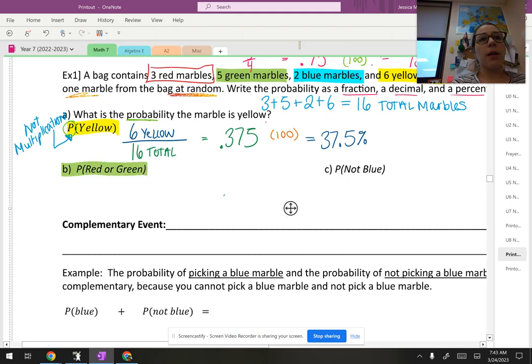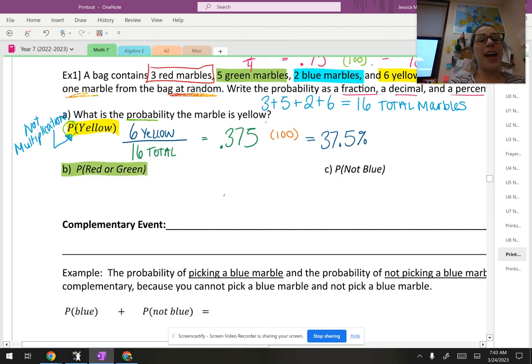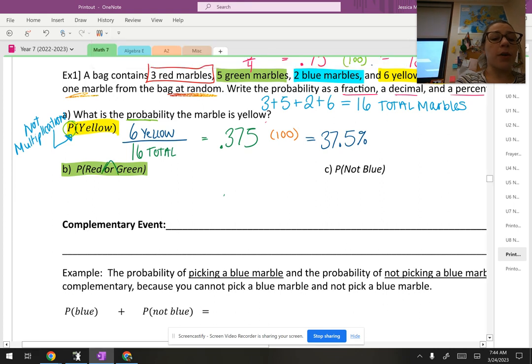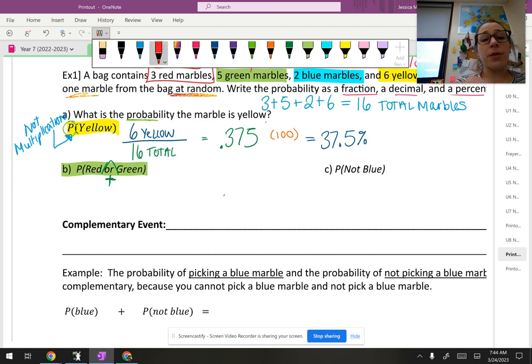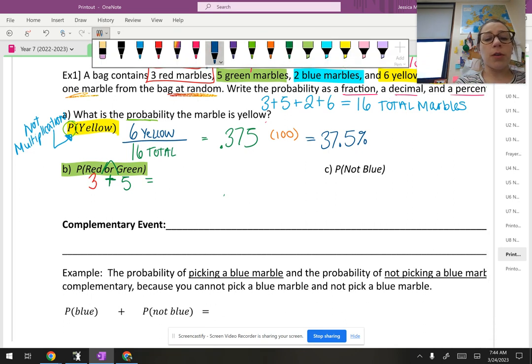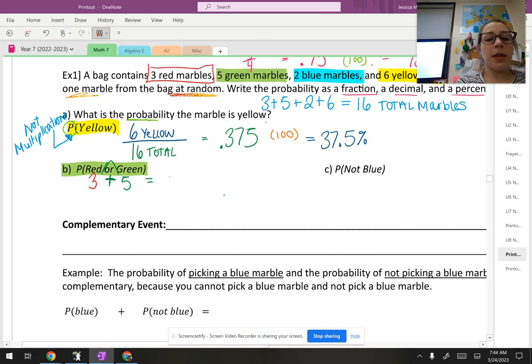Okay, part B, a little bit different from part A because it's asking for the probability of red or green. So in math, when we're talking probability here at least, when we see this, or is telling us to add red or green. It could be that red or green, literally what it's saying. 3 red, or I could pick one of the 5 green marbles for a total of, well, not a total, a mini total of 8.